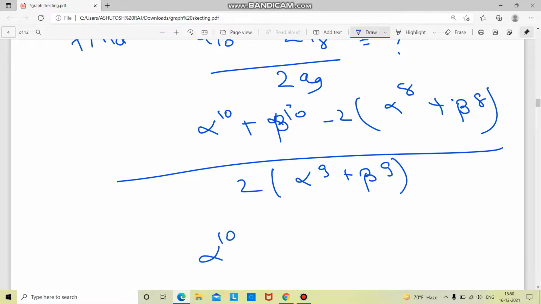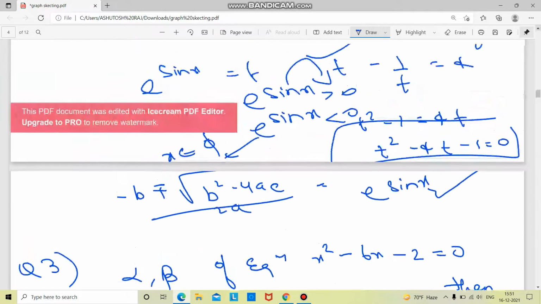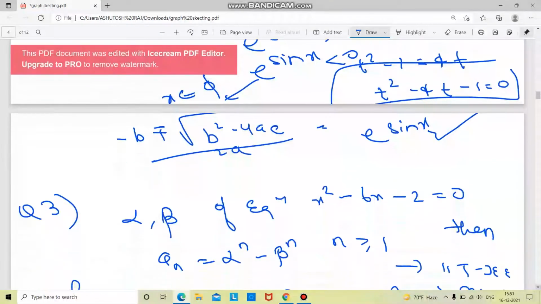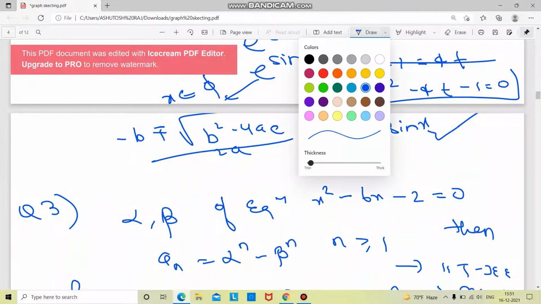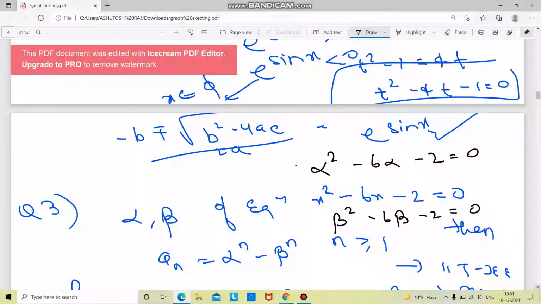Now we have alpha to the power 10 minus 2 alpha to the power 8, plus beta to the power 10 minus 2 beta to the power 8. As alpha and beta are the roots of this equation, they satisfy it. So we can write alpha square minus 6 alpha minus 2 equal to 0 and beta square minus 6 beta minus 2 equal to 0.